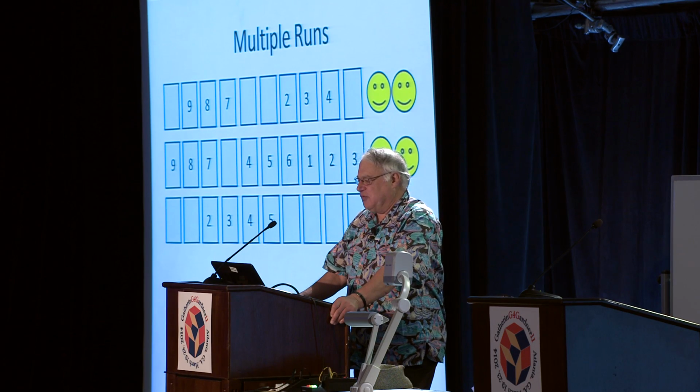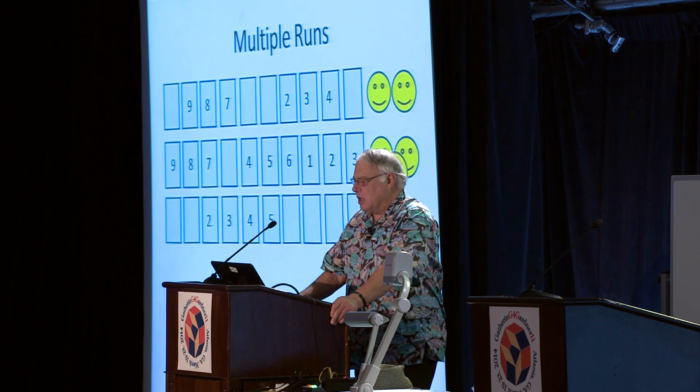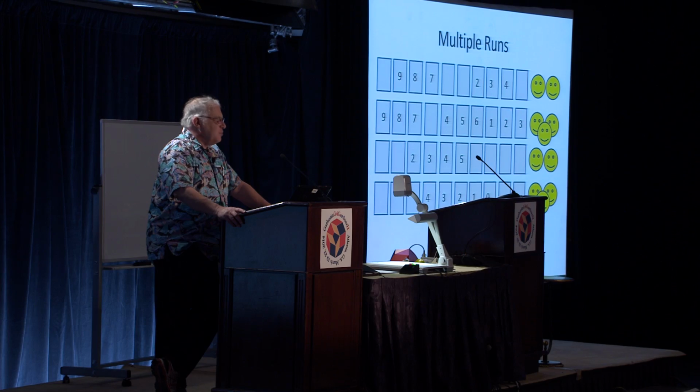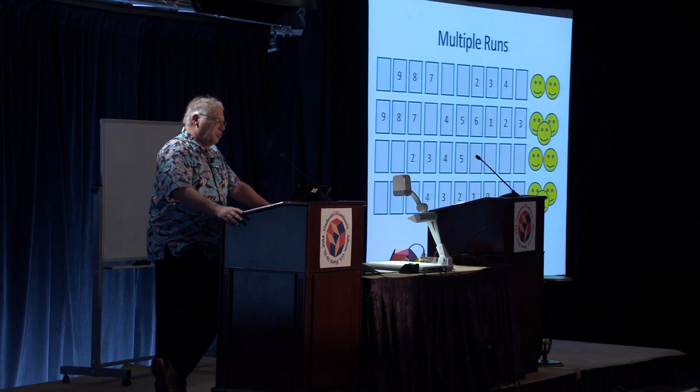So you get 2 smiley faces for that. Here's a run of 5, and that counts as 3 runs, 0, 1, 2, 1, 2, 3, 2, 3, 4. So you get the idea that with multiple runs, it gets a little more interesting.